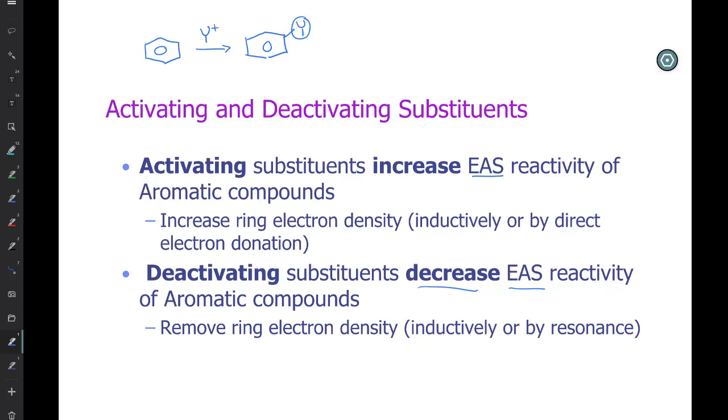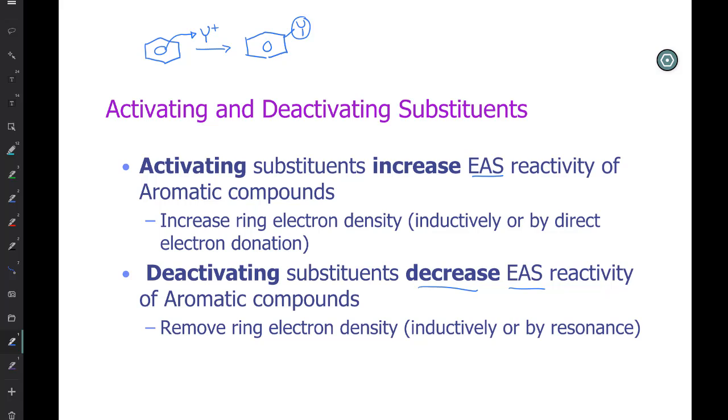Now, if you're thinking about an electrophilic reaction, that is electrons leaving the ring and attacking the electrophile, the more electron density a ring has, the more quickly, or the more activated, it will be.